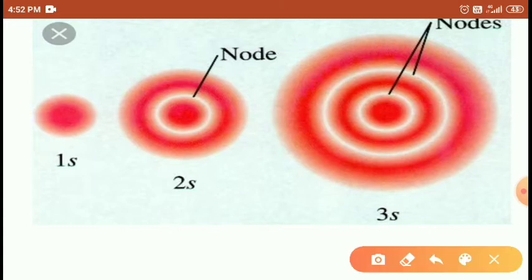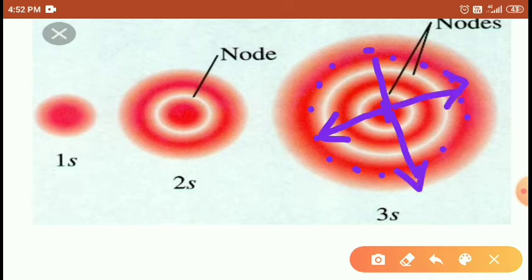Why is it called a boundary surface, students? Because if electrons are present here, the distance from the nucleus to this electron is the same, to this electron the distance is the same, and to this one too. So from the nucleus to the outermost portion, the electron density remains constant.